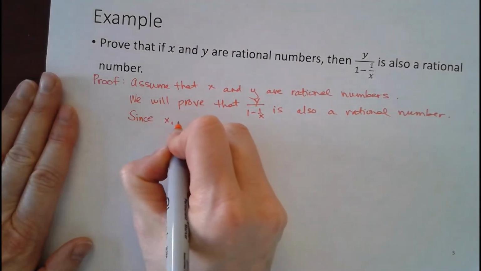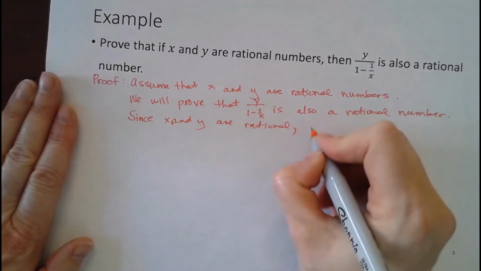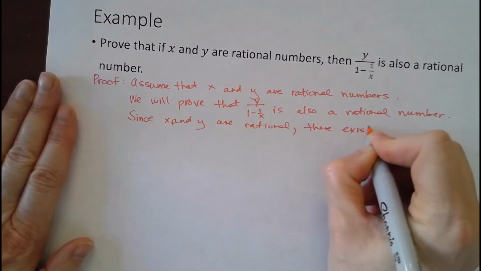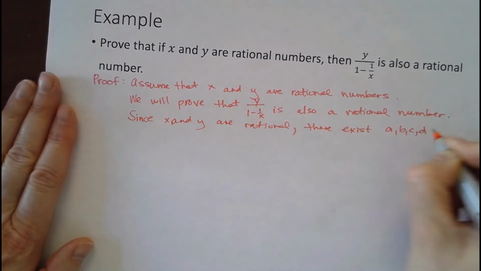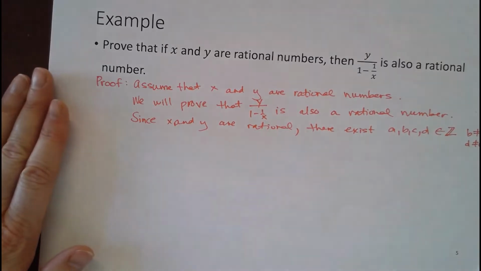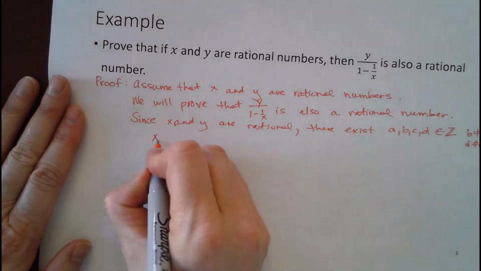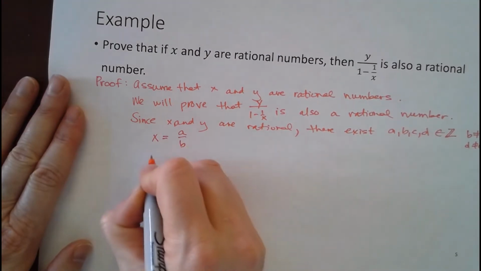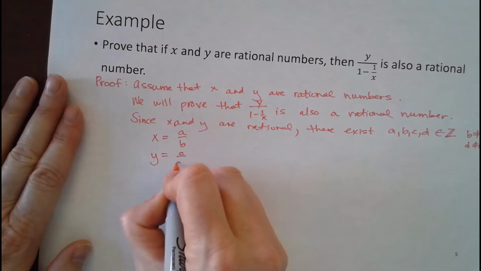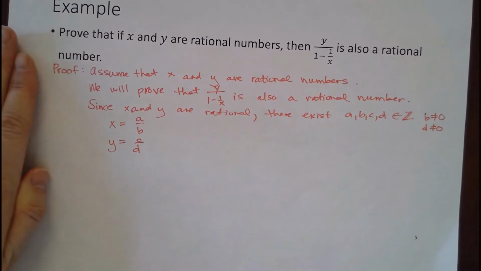Okay, since x and y are rational, there exist A, B, C, D that are integers, with B not equal to 0, D not equal to 0, because I'll make those our denominators, such that x equals A over B and y equals C over D. Good.